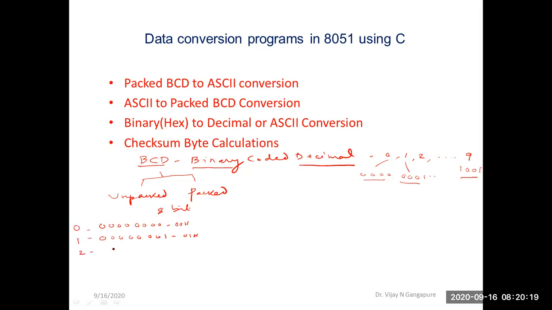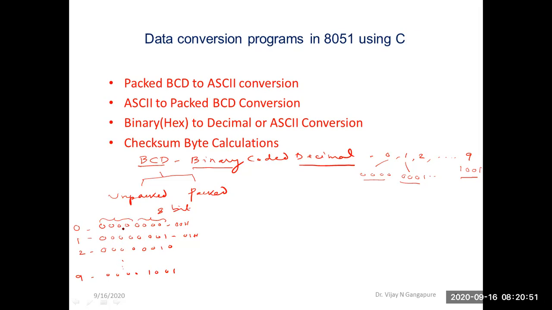BCD number 2 can be represented as 00000010, and so on. I can represent 9 as 00001001. See here, out of 8 bits, only the lower 4 bits, the lower nibble, are utilized to represent the BCD number. The remaining upper 4 bits are always unutilized.